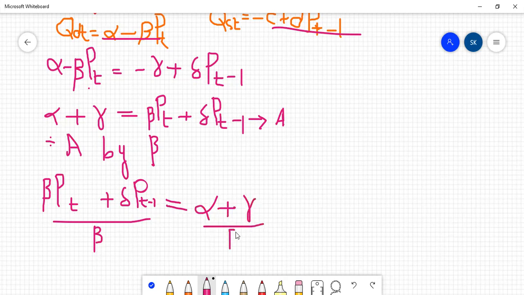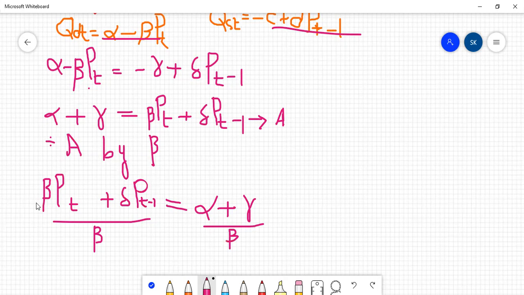So what's the purpose of this? The main purpose is to get the general equation for this particular problem, that is the problem of the cobweb model.